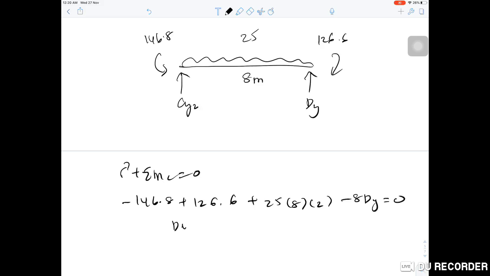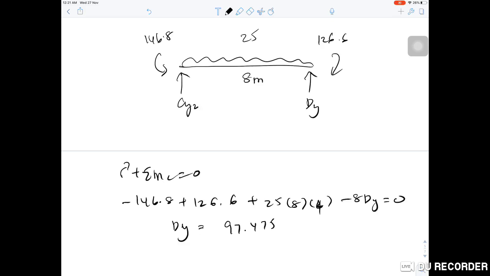So we calculate and get DY is equal to negative 146.8 plus 126.6 plus 25 times 8 times 4, divided by 8.